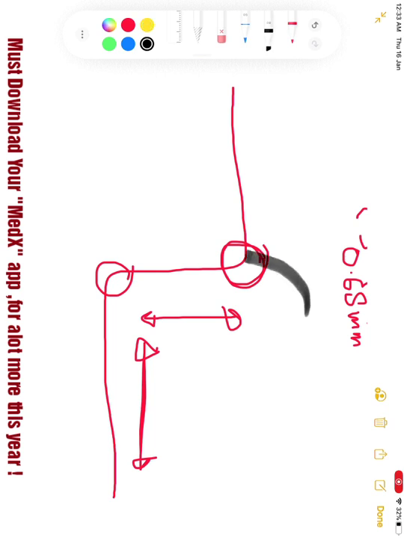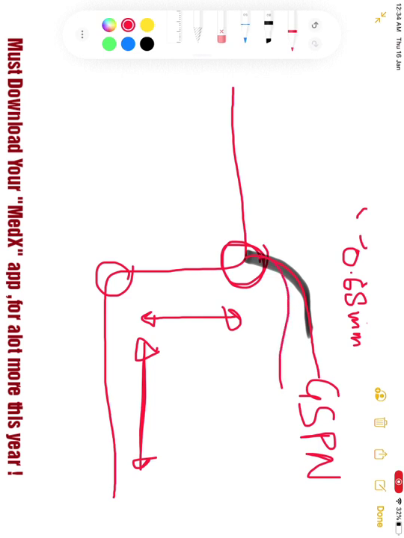What is this first branch? This nerve is called GSPN, greater superficial petrosal nerve. It also gives 2 more branches, that are the lesser petrosal nerve, LSPN, and the third nerve is ESPN.